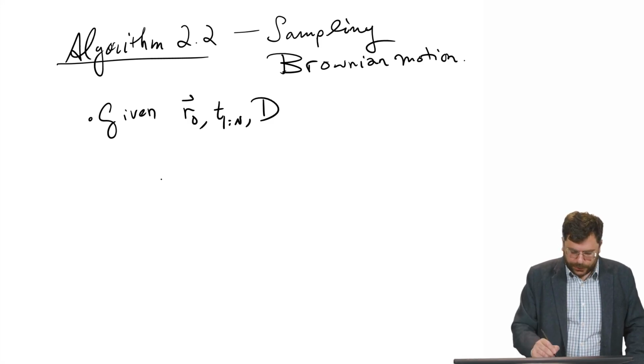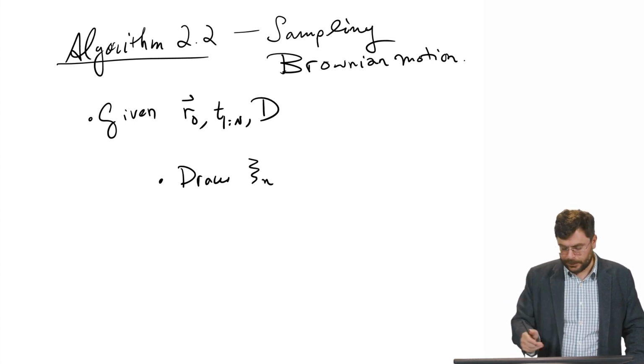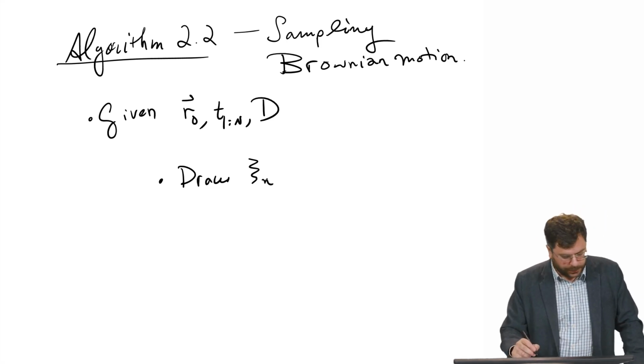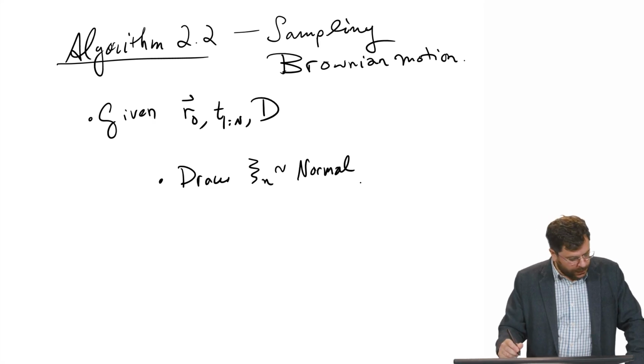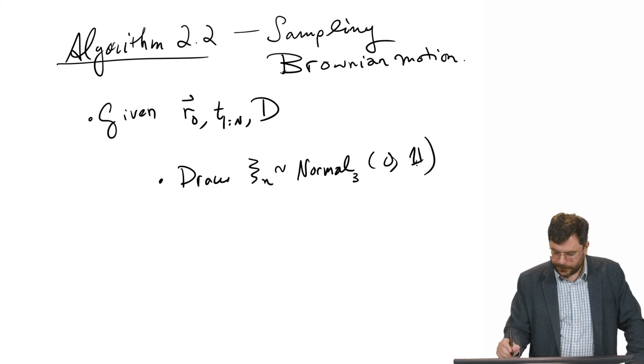Then what you're going to do is draw a Gaussian random variable, maybe a 3-dimensional one, so you can do all 3 dimensions at once.